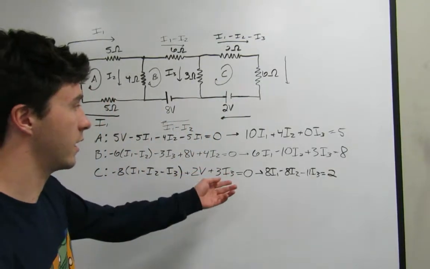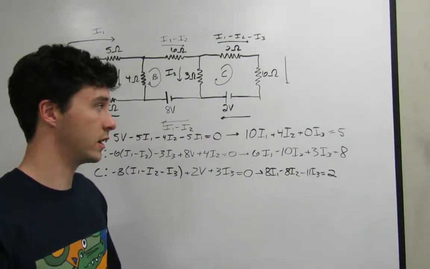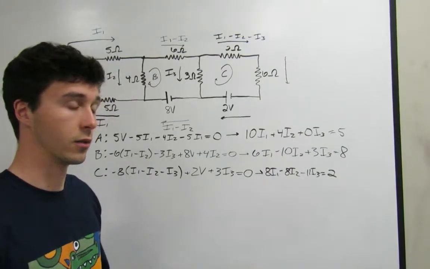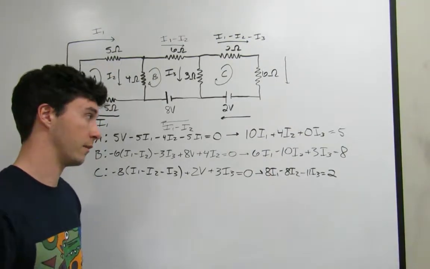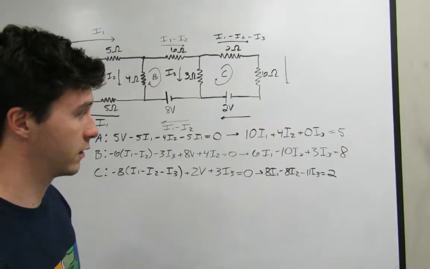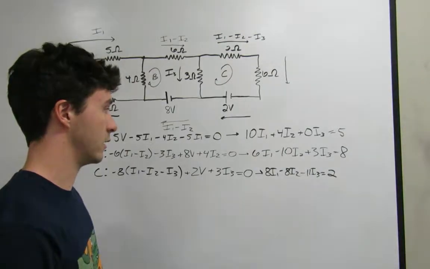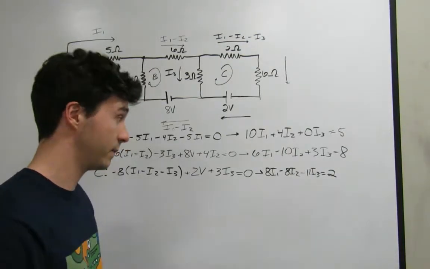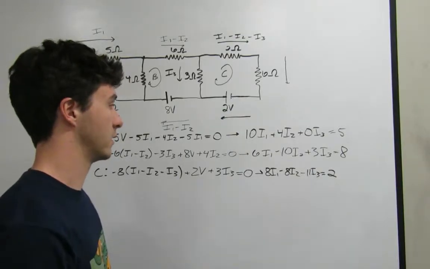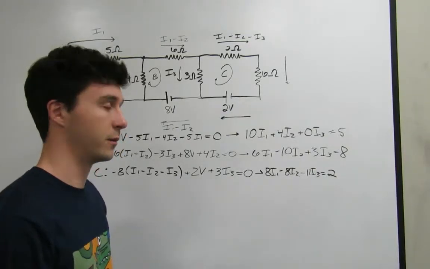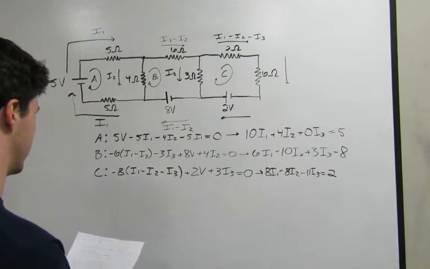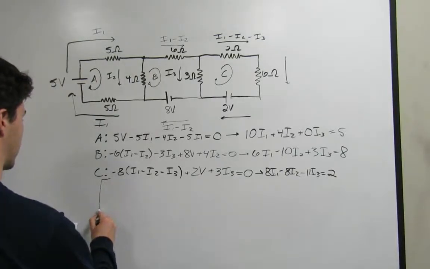Okay, so right here we have our equations. We have 3 unknowns and 3 equations. So what we can do is we can set up a matrix, an augmented matrix, and then we can use Gaussian elimination, and solve for each variable. So we'll go ahead and set up this matrix.